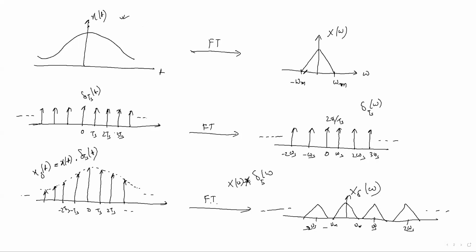That's why this x of t is band limited. But if you take a sinc function, okay, if it goes up to infinity, then this is not a band limited signal. The maximum frequency present in the signal should be finite. Then that signal is a band limited signal.